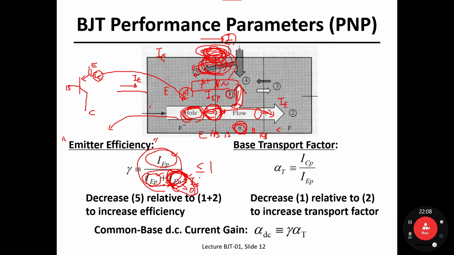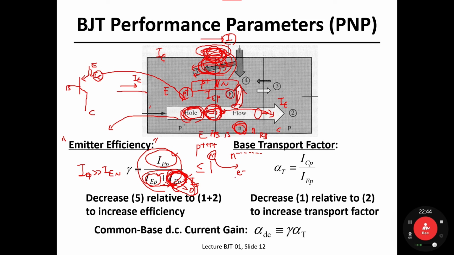Okay. Then what is the engineering solution, or how to design the BJT device to achieve emitter efficiency of 1? How to get the maximum value of emitter efficiency? The answer is very simple. I sub p is much higher than I sub n. How to do that? If emitter side is very heavily doped and base side is very lightly doped, then most of the holes are injected from p to n.